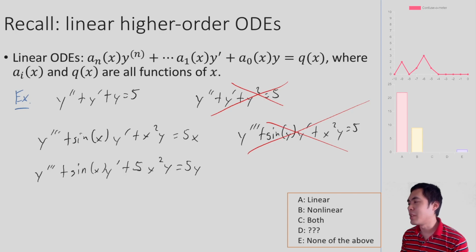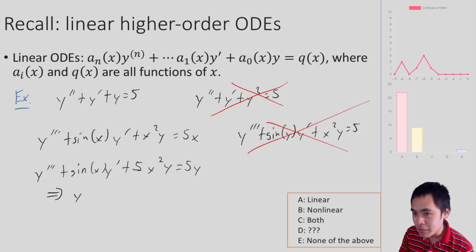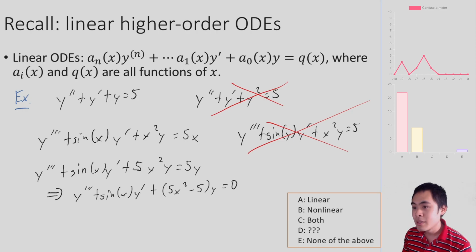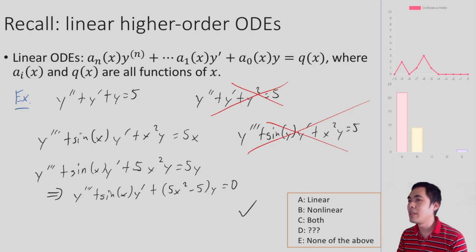We can rewrite this as y triple prime plus sine of x y prime plus 5x squared minus 5y is equal to 0. So this actually is linear. You have to be a little careful, because sometimes you can rewrite your ODE into a form that is linear, and when that's the case, the ODE is linear.